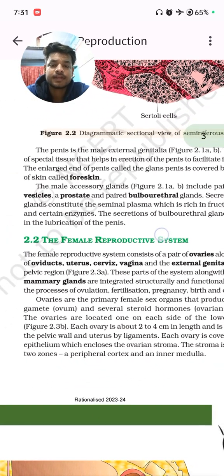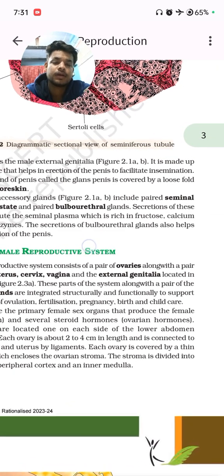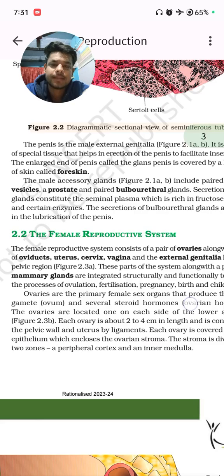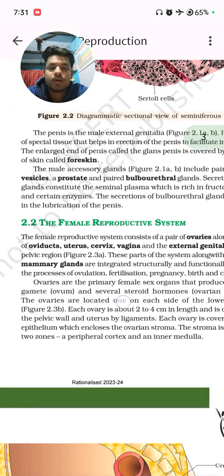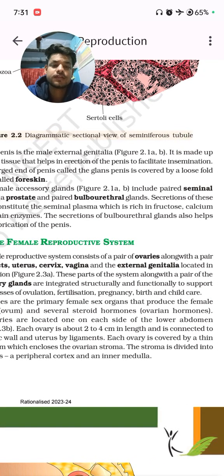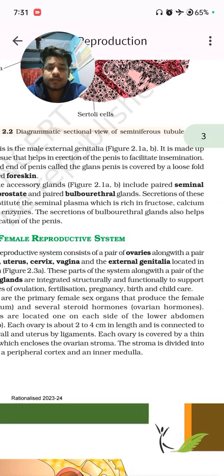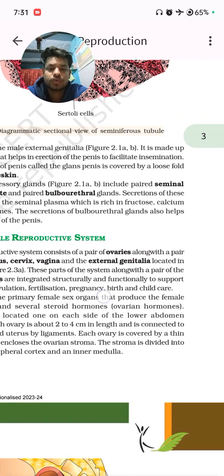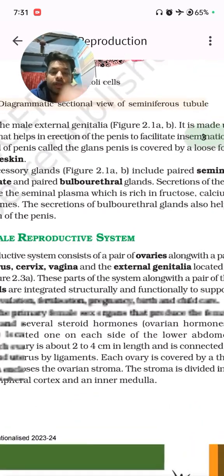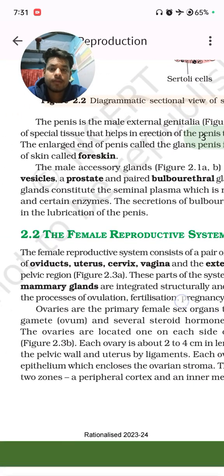The male accessory glands, Figure 2.1a, include paired seminal vesicles, a prostate, and paired bulbourethral glands. Secretions of these glands constitute the seminal plasma, which is rich in fructose, calcium, and certain enzymes. The secretion of the bulbourethral glands also helps in the lubrication of the penis.